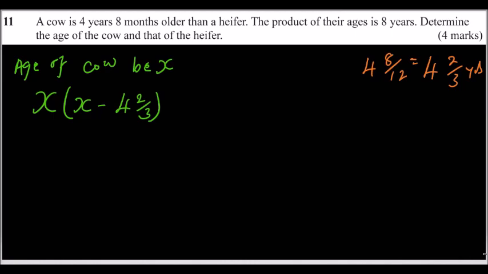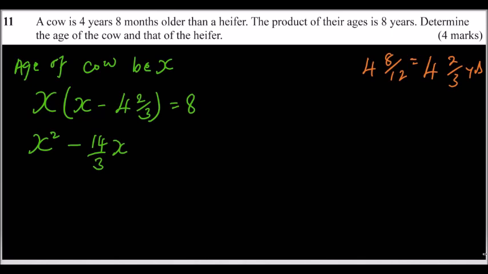When you multiply the two ages, you should be able to get 8. Now, what remains here is we open the bracket. We will be able to say this is x squared minus 14 over 3 x.